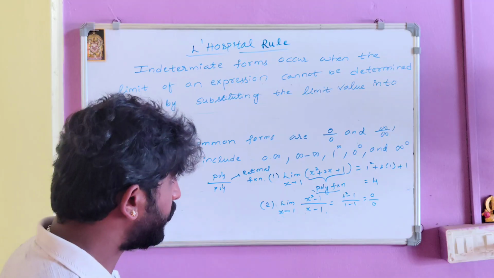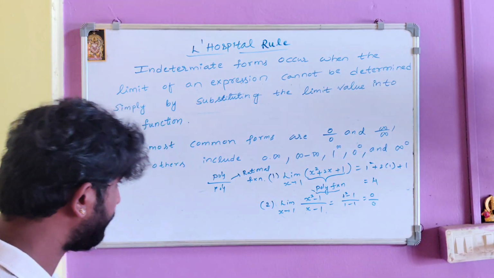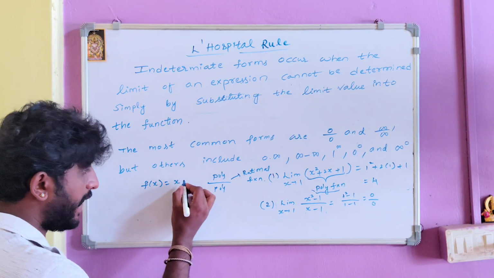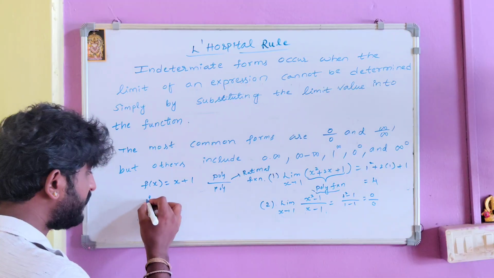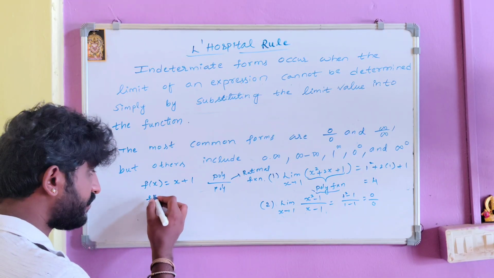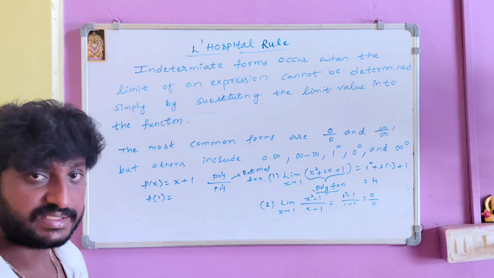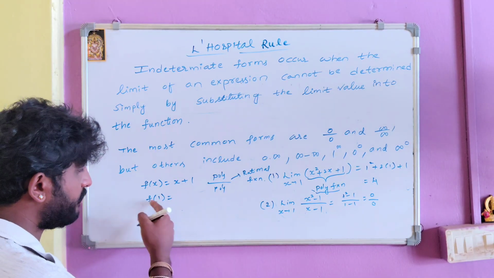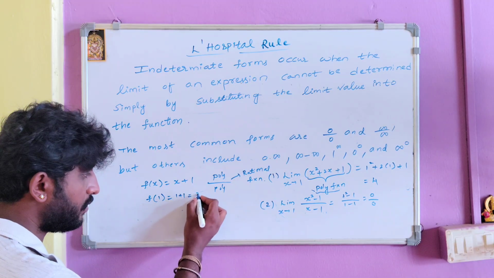What is a functional value? Suppose I am given a function x plus 1. Someone asks what is the value of this function at x equal to 1. In place of x, I replace 1, I get 1 plus 1, that is equal to 2.